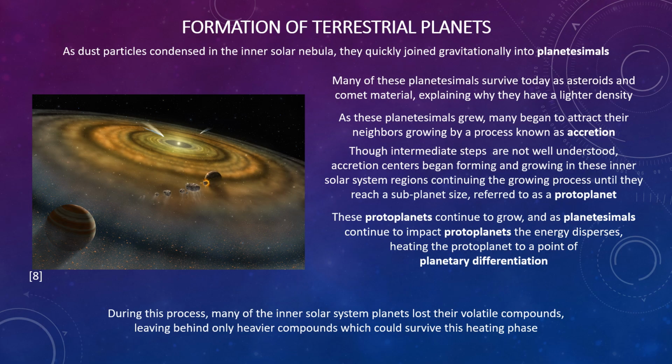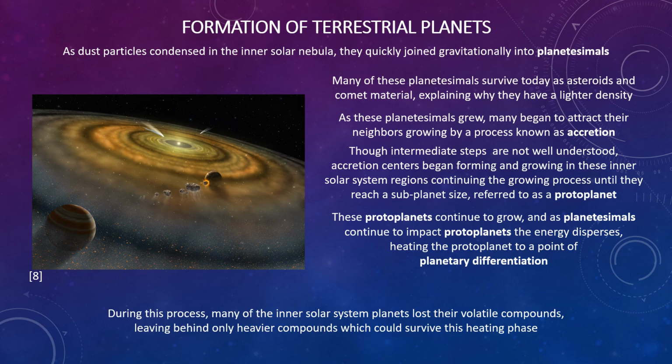So the terrestrial planets formed as the dust particles in the inner solar nebula started condensing and joining together through their own gravity into tiny bodies called planetesimals. So many of these planetesimals are still around today as asteroids and comets. And this explains why they have a light density.